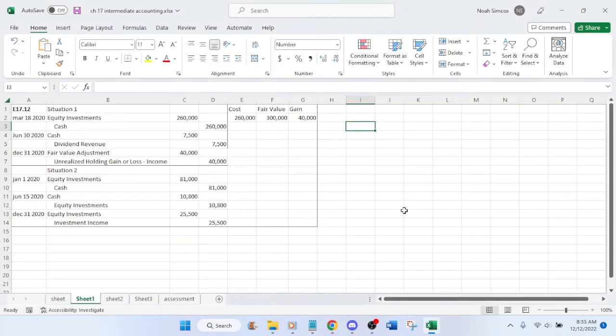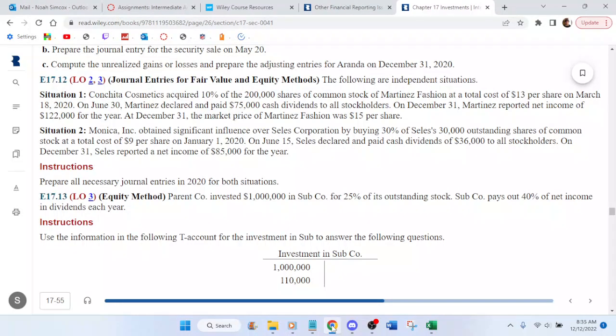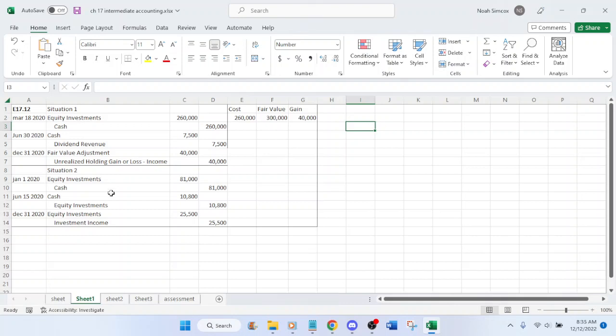First you bought the securities. Second, you got dividend revenue. Third, fair value adjustment, 40,000. And if you have a gain, you record it as unrealized holding gain or loss in the credit column.